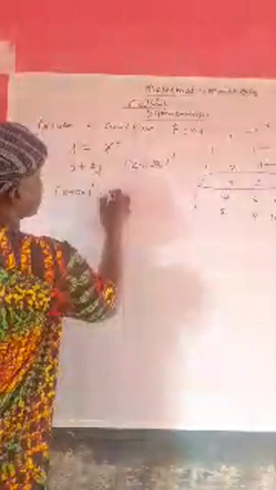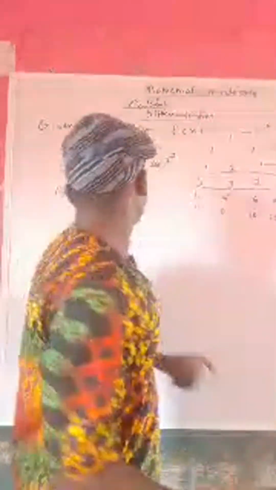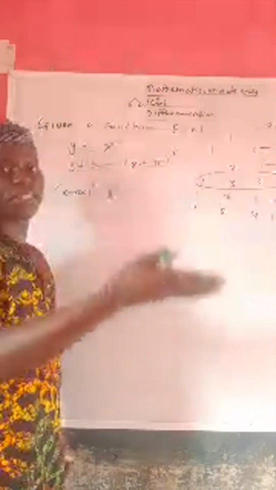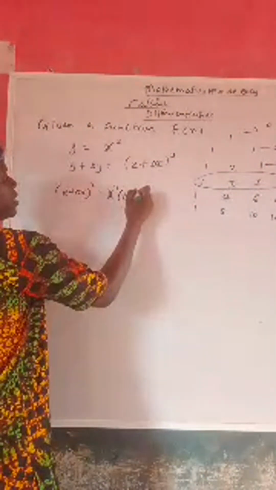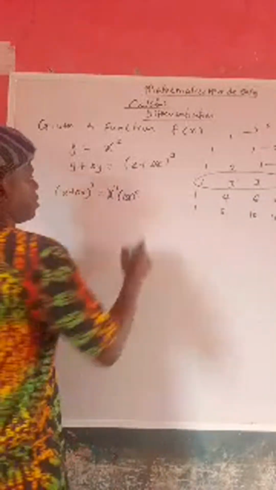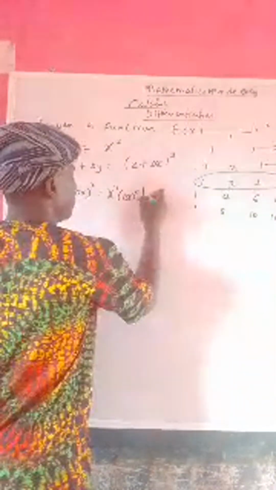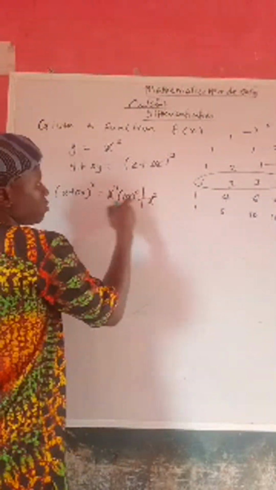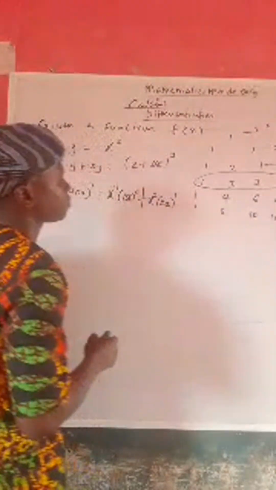So x plus increase in x to the 3rd power will be equal to x to the 3rd power. Now, this x will be decreasing while your change in x will be increasing. So you have x to the 3rd power, then change in x raised to the power of 0. Plus, don't forget I said x will be decreasing, so this will be x to the 2nd power, then your change in x will be increasing: change in x to the 1st power.